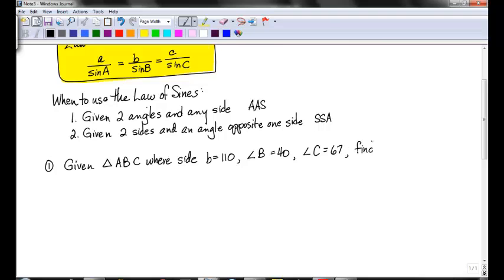Find, okay, if you're given triangle ABC where side B is 110, angle B is 40, angle C is 67, find side C to the nearest hundredth.